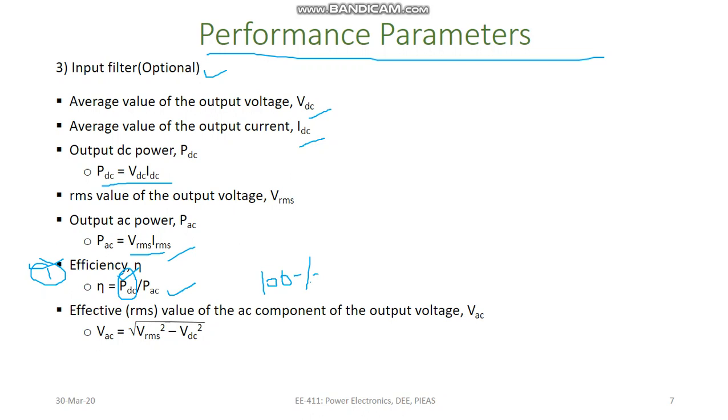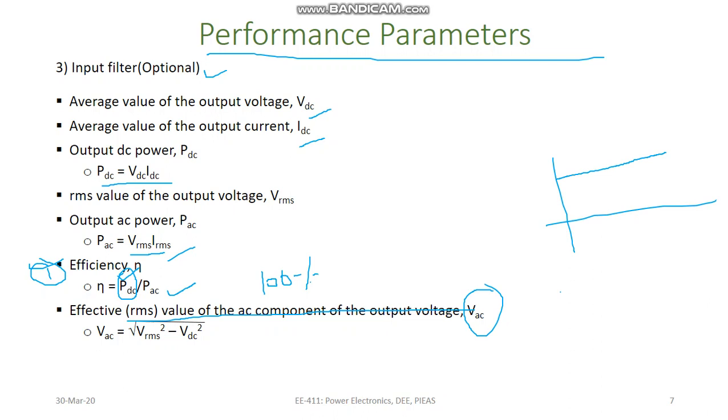Now the effective RMS value of the AC component in the output voltage is defined as VAC. VAC is equal to the square root of VRMS square minus VDC square. We know that the output voltage that we will obtain should be like this, a complete perfect DC.